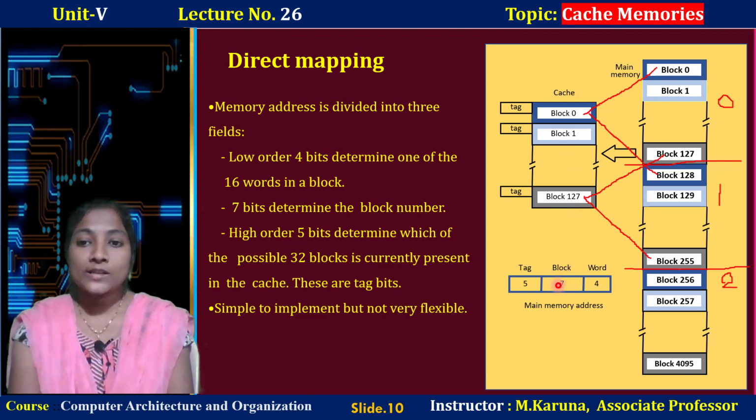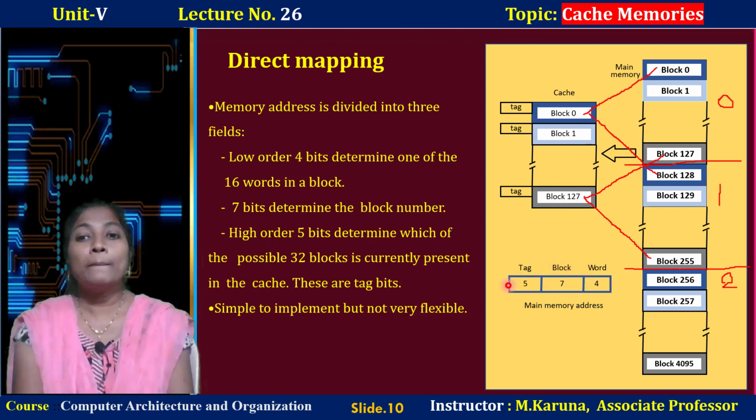Next, the block field has 7 bits, used to determine the block number. 2 power 7 is 128 blocks. Suppose all bits are 0, then block 0 will be selected. Suppose all 7 bits are 1, then block 127 will be selected. Like that, blocks are selected with the help of these block bits.